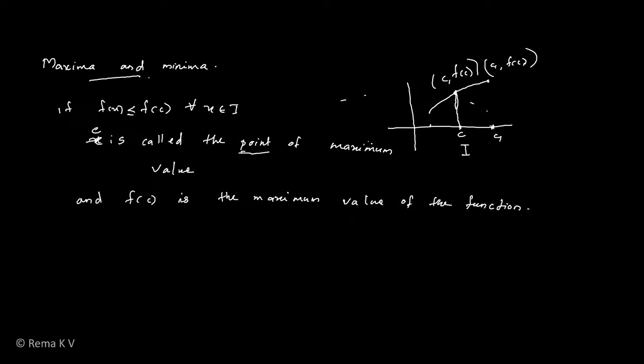That means f of c is greater than f of x for all x belongs to this I. Then C is called the point of maximum value and f of c is the maximum value of the function. You can write down this definition. If f of x is less than f of c for all x belongs to I, then C is called the point of maximum value and f of c is the maximum value of the function.